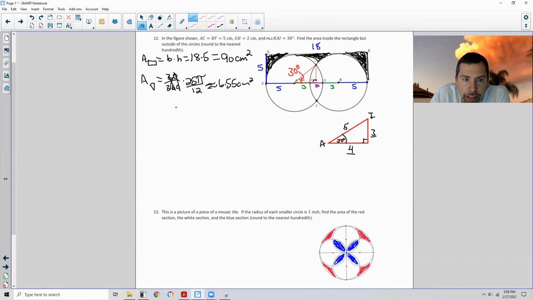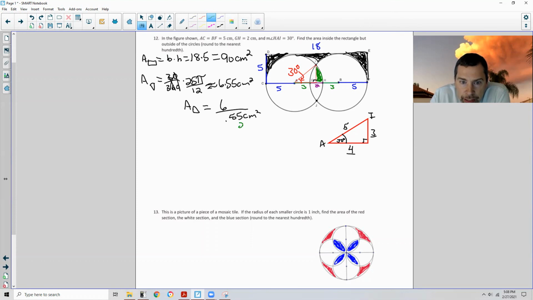So if I subtract the area of my triangle, which is 6, then I'm going to get 0.55 centimeters squared for this region right here. Okay, that is 0.55. And there's another one over here.